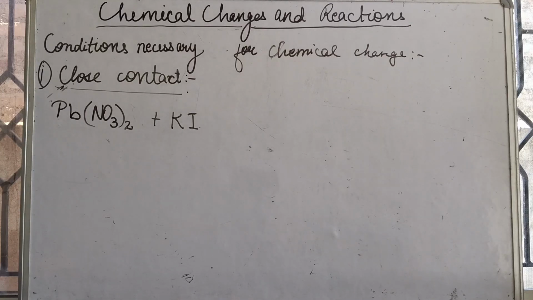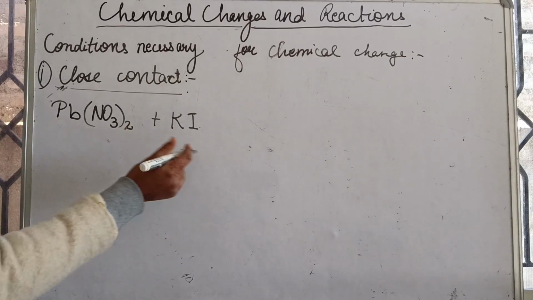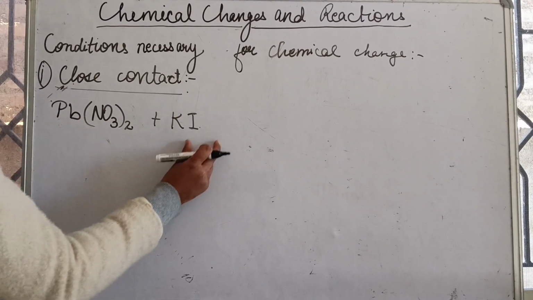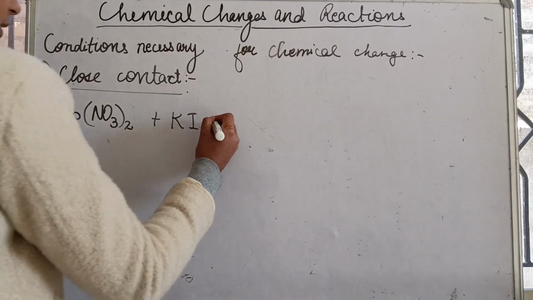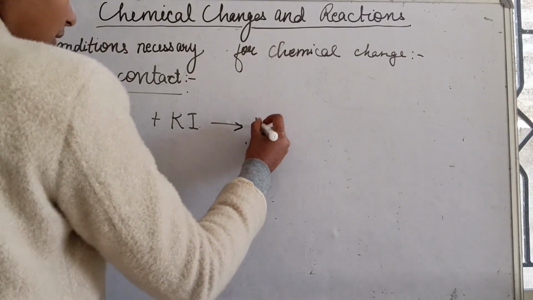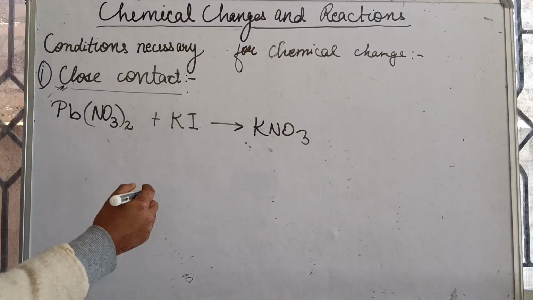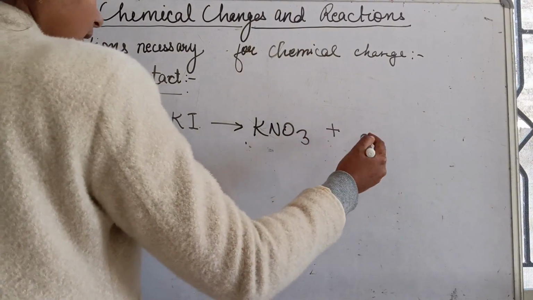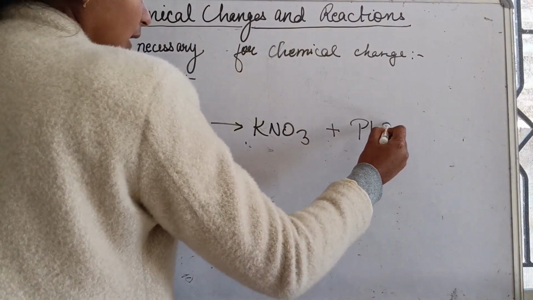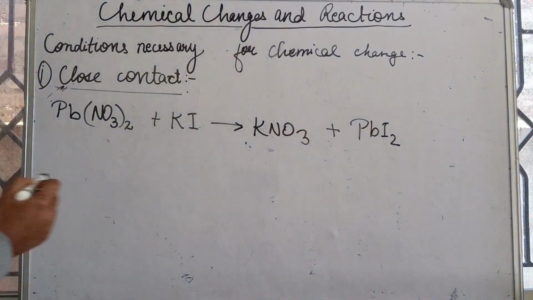So when this reacts, it will give potassium nitrate, because this is reacting, so this will bind with this. So it will be KNO3 plus PbI2.